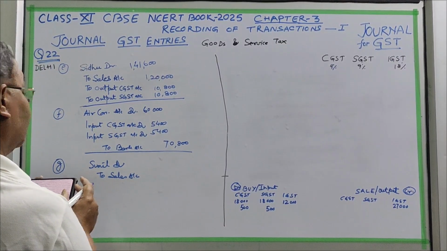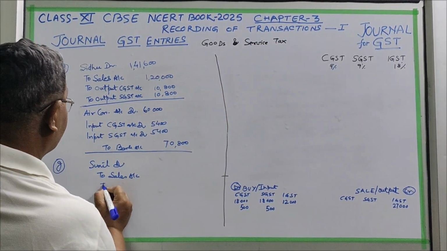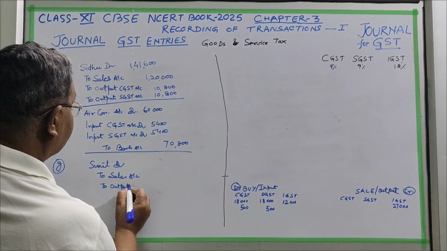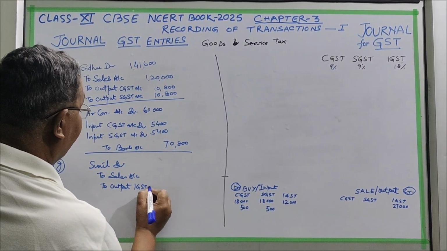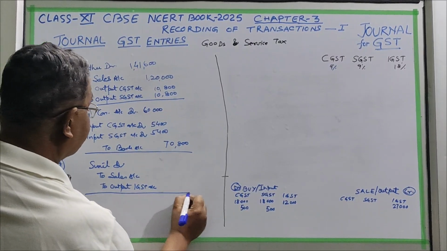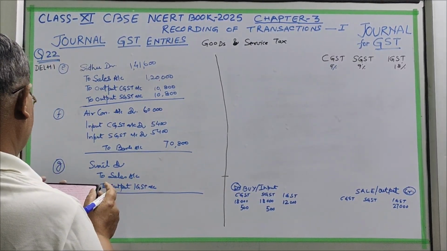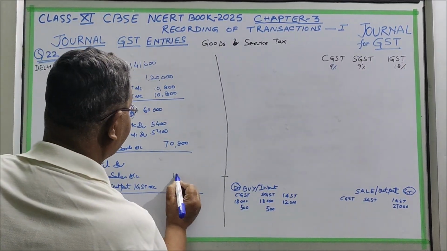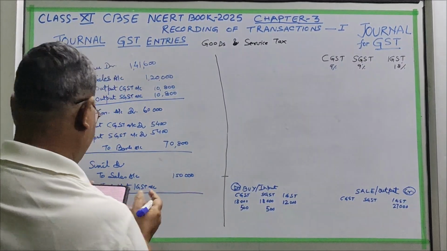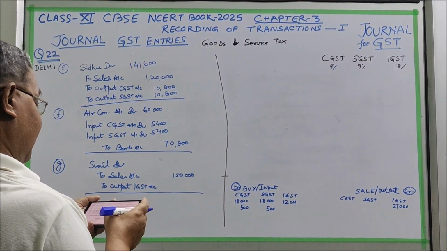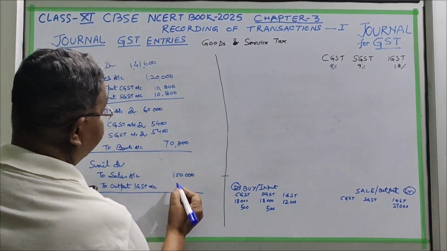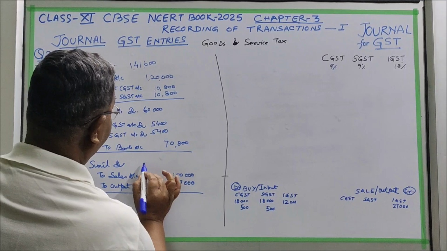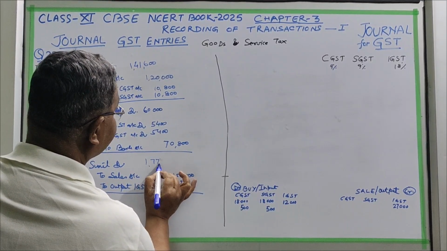Then IGST to output IGST account. So goods sold to Sunil 1,50,000, and IGST rate 18%. 18% means 27,000. So 1,77,000. This entry will come here.